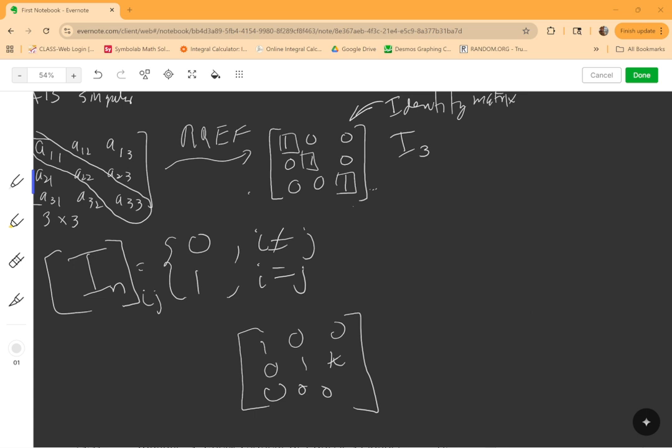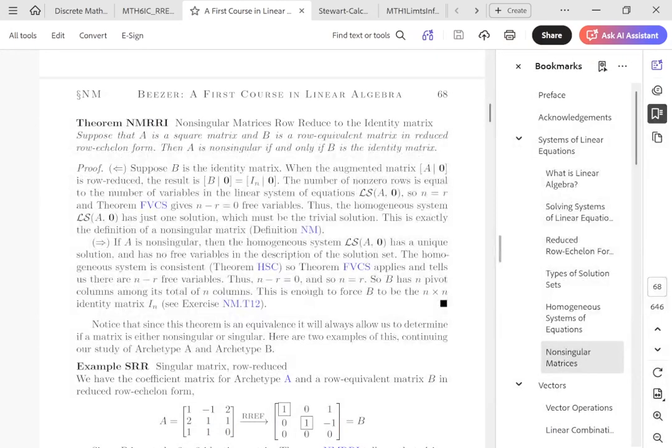Here, let me switch over to our textbook and introduce a theorem. We're taking a look at theorem NMRRI, which states that non-singular matrices row reduce to the identity matrix.